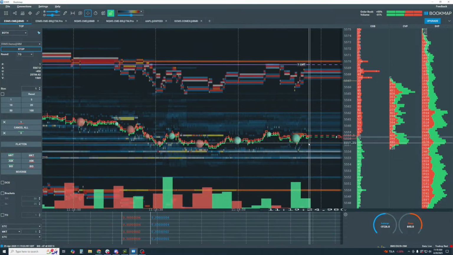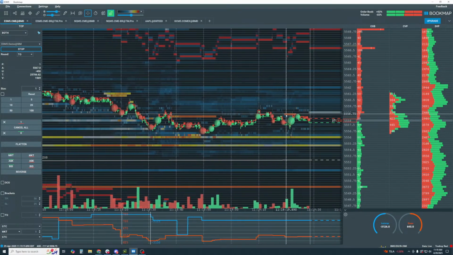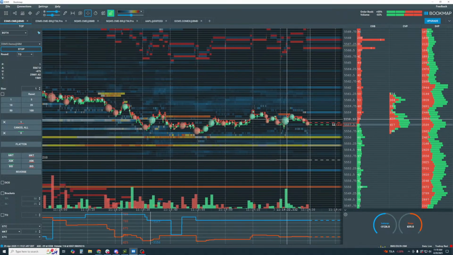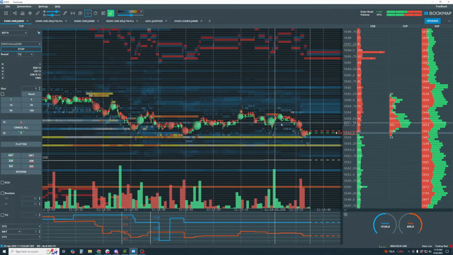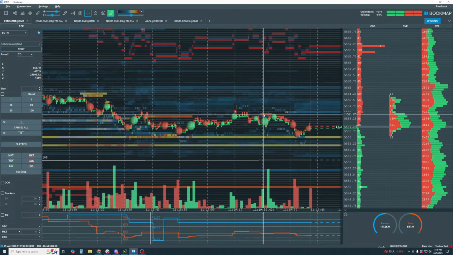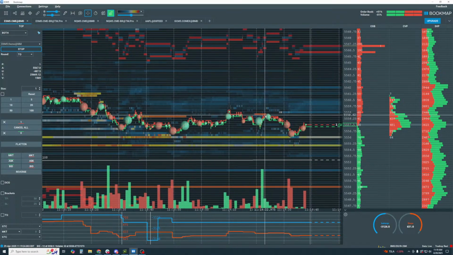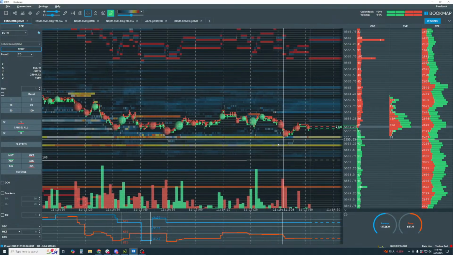Okay, starting to find some buyers. Looks like some absorption there though. We saw this flurry of buying in here, but it didn't take it higher. We're still seeing some sell side over here. Some buying interest, but some sell side. It was not able to go higher.